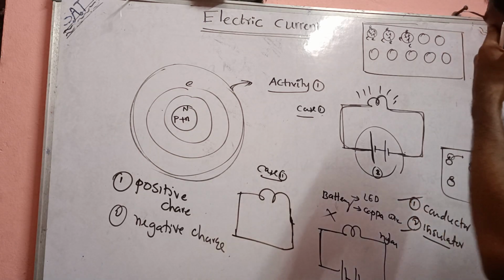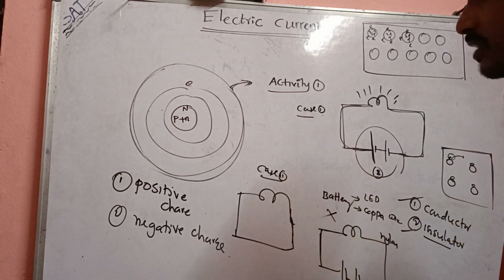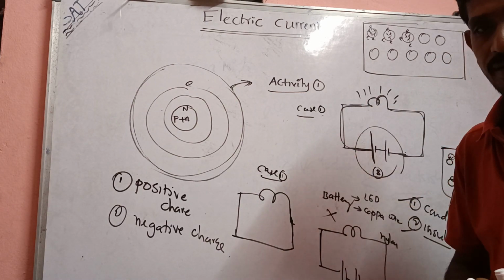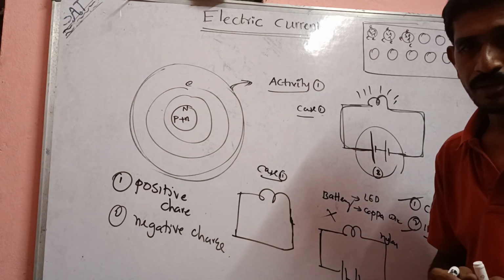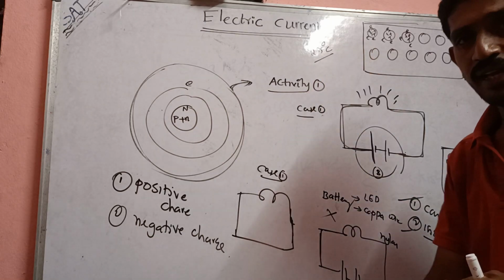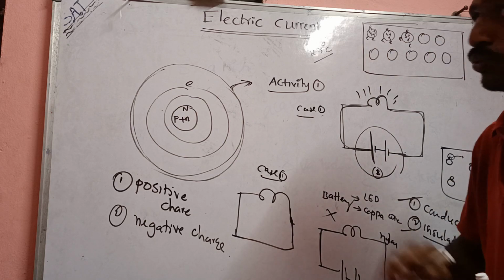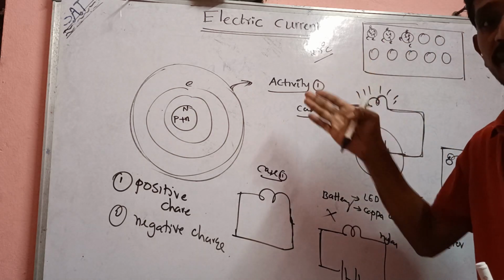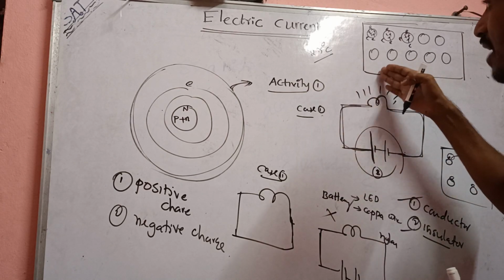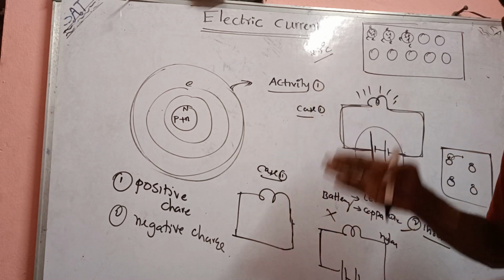Now, whenever we give energy to the electron, for example by placing it in the atmosphere at room temperature, what is the room temperature? 27 degrees centigrade. Who gives the energy? That is nature. The conductor already has a temperature of 27 degrees centigrade, so this temperature is very high.